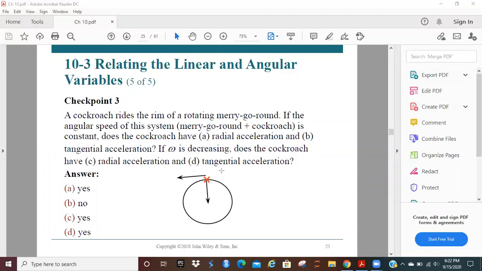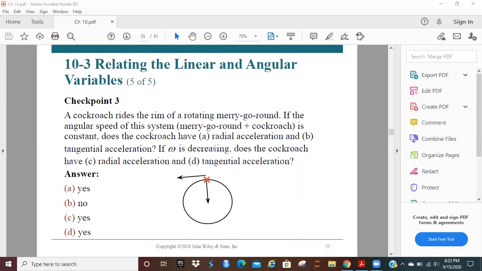We've already seen that up to this point. But will we have a tangential acceleration? In other words, is this advancing more quickly? Is that speeding up? The radial acceleration, yes, because we have the velocity vector that's changing all the way around. But we don't have tangential acceleration. That remains the same because our angular speed is constant.